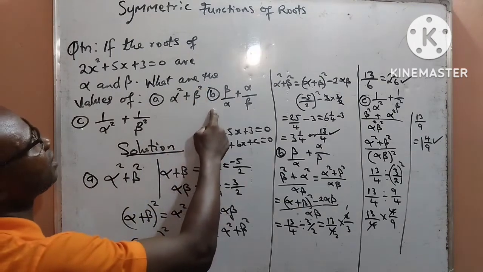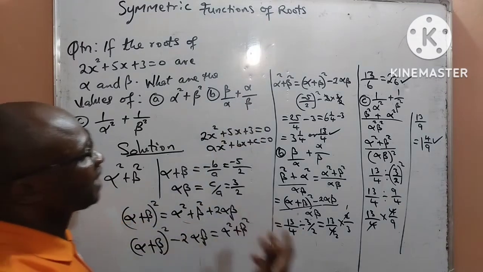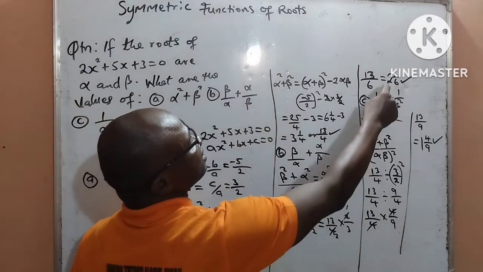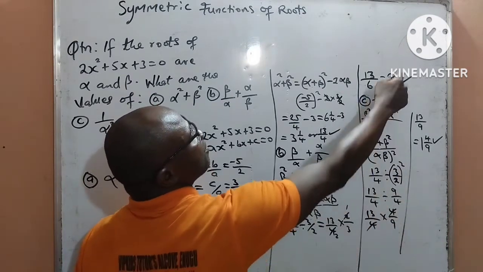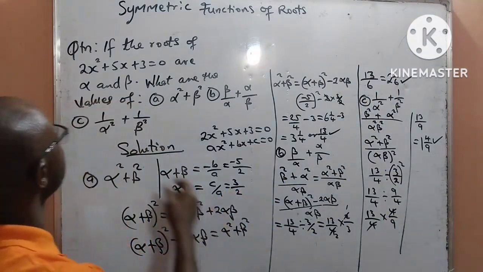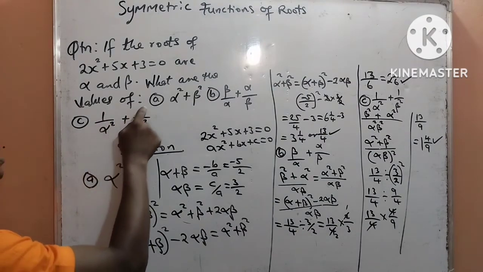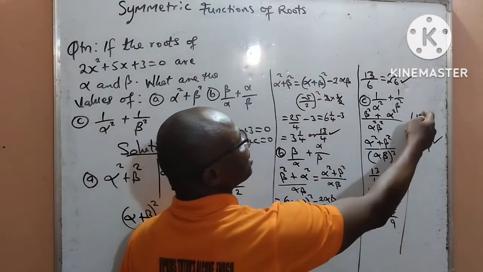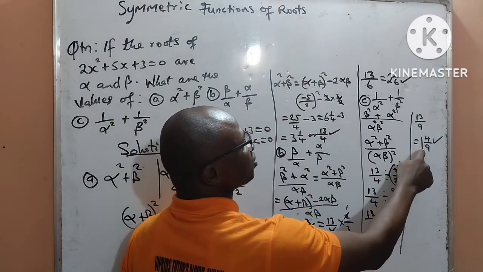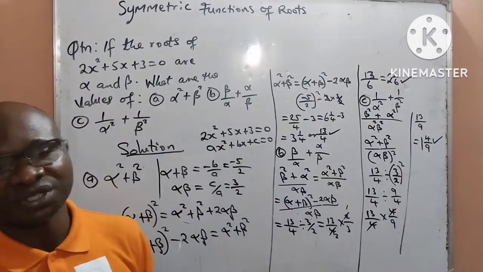And in question B, where we are given beta all over alpha plus alpha all over beta, the final result that we got there is simply 13 all over 6, or as a mixed fraction, 2 whole number 1 over 6. And in question number C, where we are asked 1 all over alpha squared plus 1 all over beta squared, after simplifying it, the final answer is 13 all over 9, or as a mixed fraction, 1 whole number 4 all over 9.